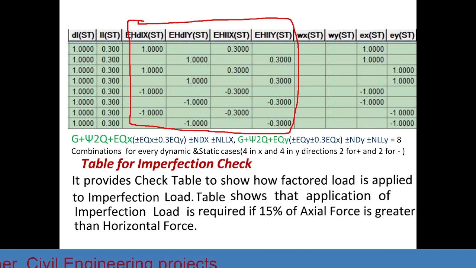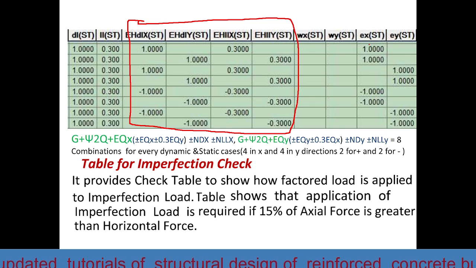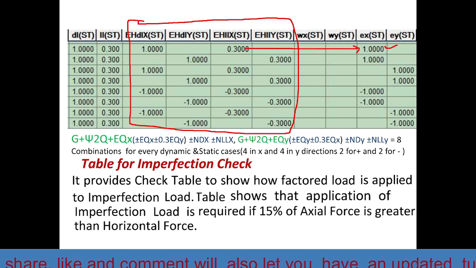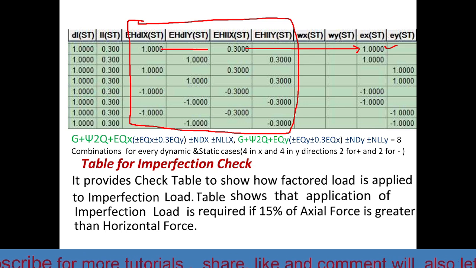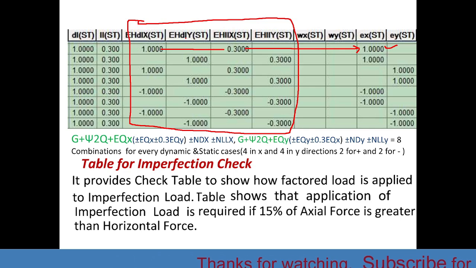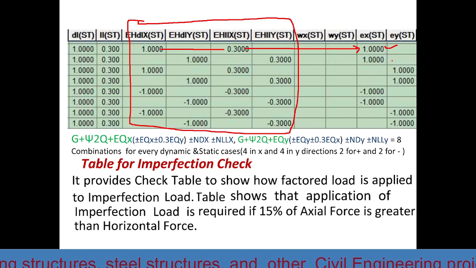So the notional load with reference to the dead load in x direction, and the notional load with reference to the live load in x direction must be combined with the seismic load in x direction. That is good. This must be combined with this one, all those. And similarly in y direction, the notional load with reference to the dead load in y direction, and the notional load with reference to the live load in y direction must be combined with the seismic load in y direction. So it must be written here.